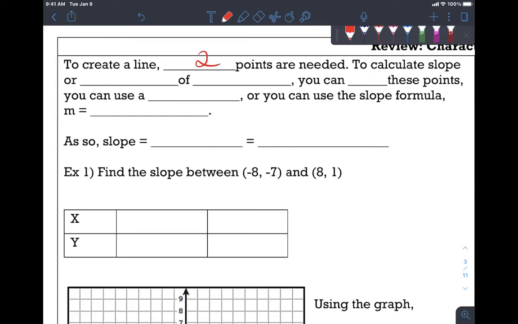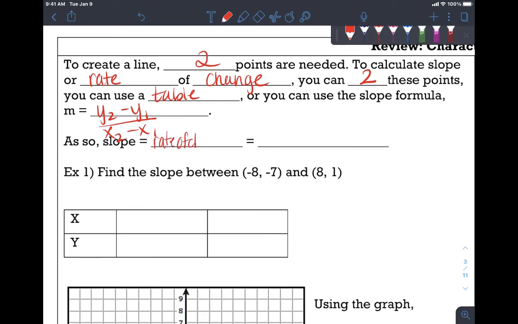In order to calculate the slope, also called my rate of change, I can use these 2 points. I can also use a table, or I can use the slope formula, which looks like this. Now, just as a reminder, slope means a lot of different things.